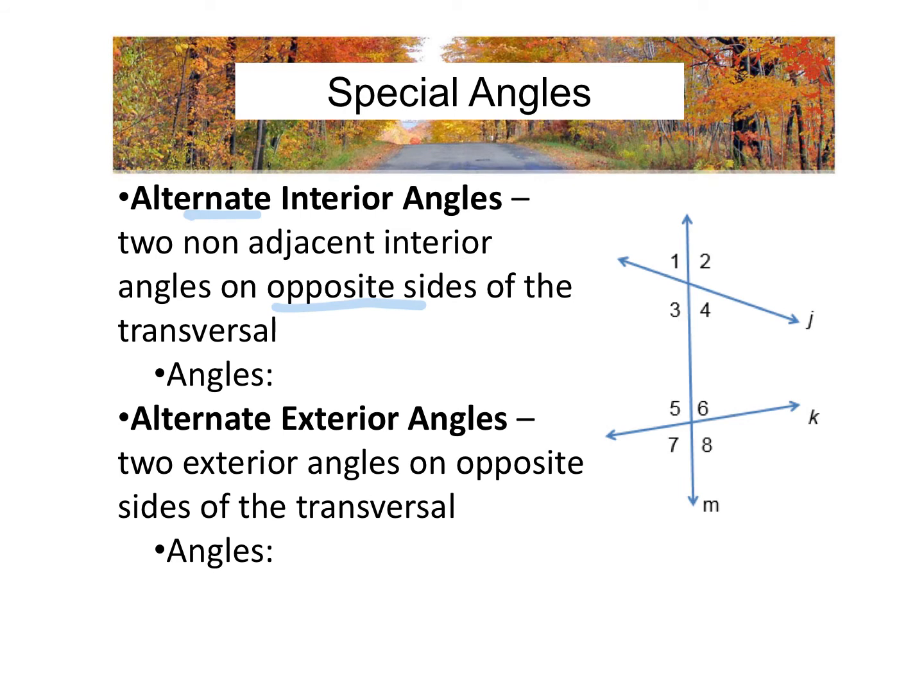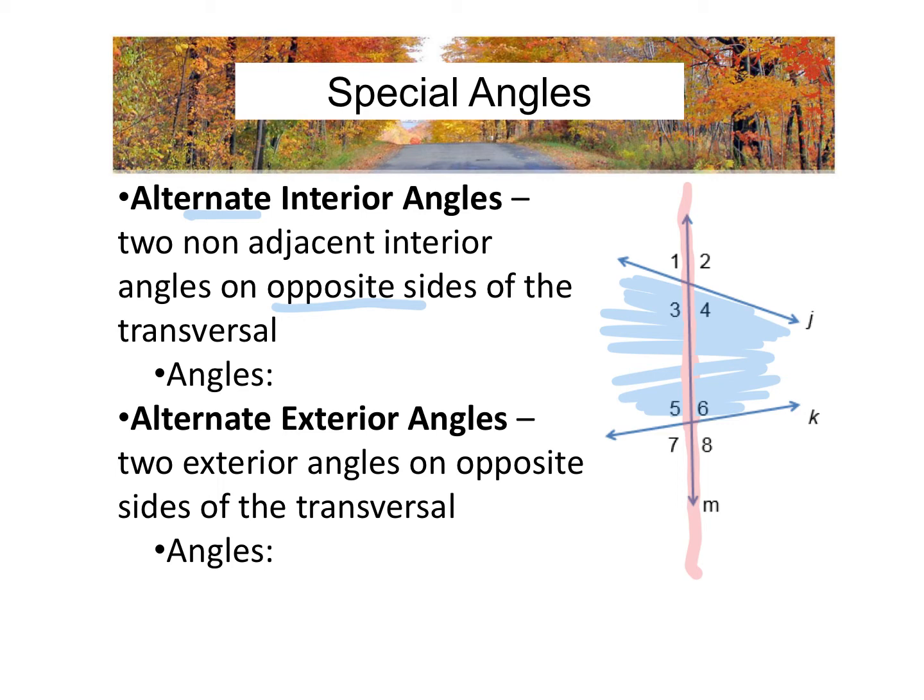So in this picture, my transversal again is line M. My interior section is going to be all of this in blue. And when I'm looking for alternate interior, I'm looking for one on the left side of the transversal and one on the right side, but they can't be adjacent. So I can't pick 3 and 4 because they're adjacent.